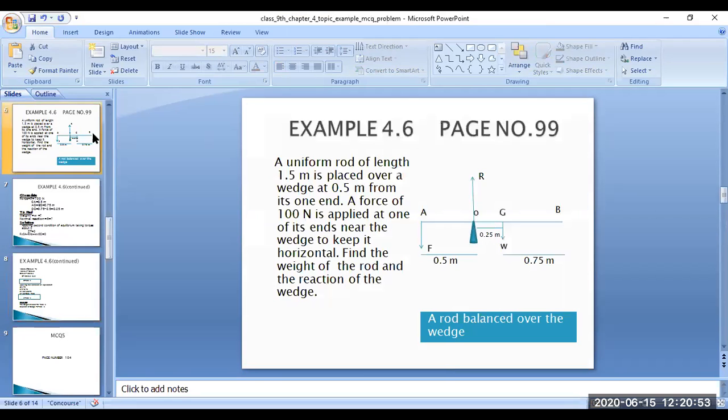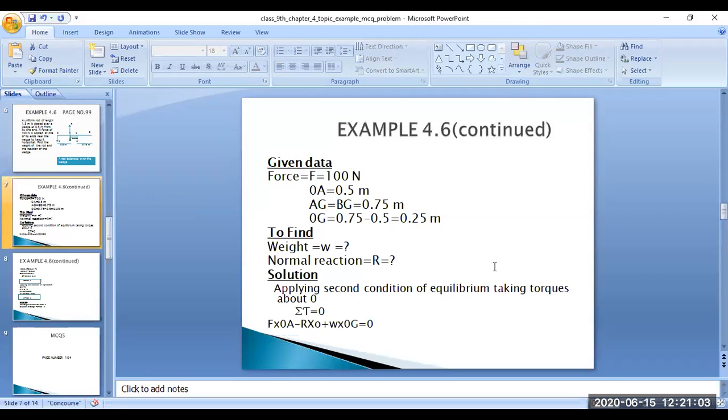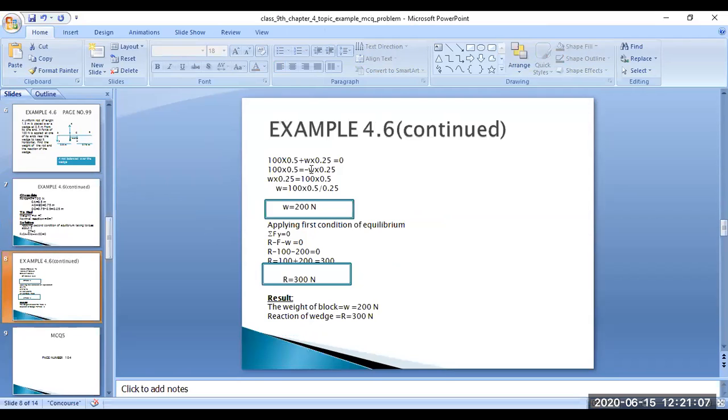Because I want to find the weight, that's why the force is 100 multiplied by 0.5. Then, for W, the negative sign: minus W times 0.25. If you solve this, the W value will be 200 Newton.